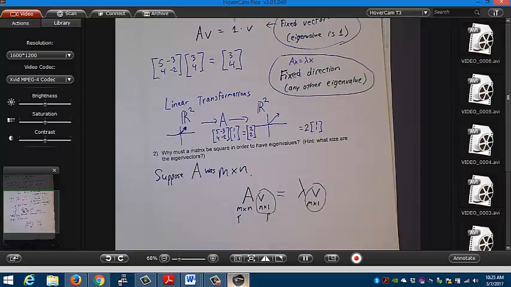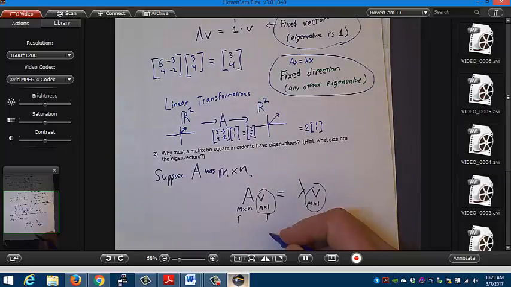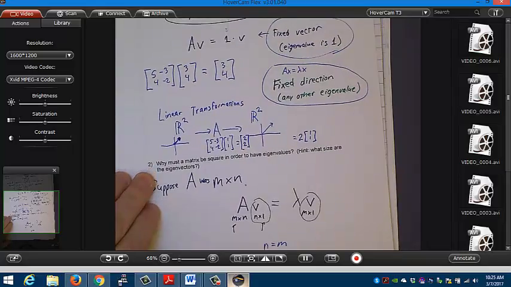M by 1. Right? And when you multiply an m by 1 matrix by a scalar, it's still m by 1. So since those are both v's, the only way this can work is if n by 1 is the same as m by 1. The only way this can work is that n has to equal m, and that means we have a square matrix. So there's my argument. Okay? I thought that was along the lines of what you were saying.